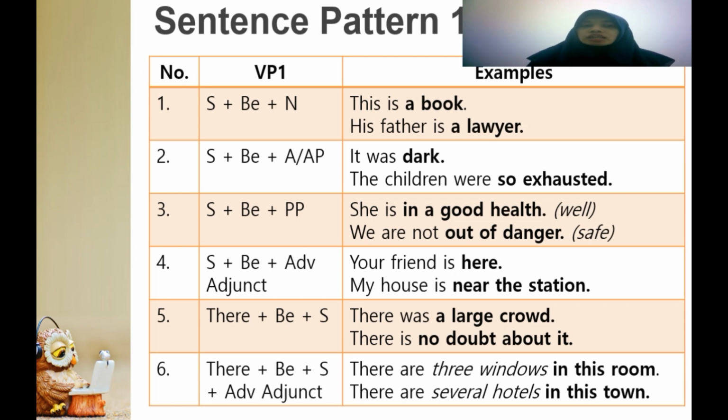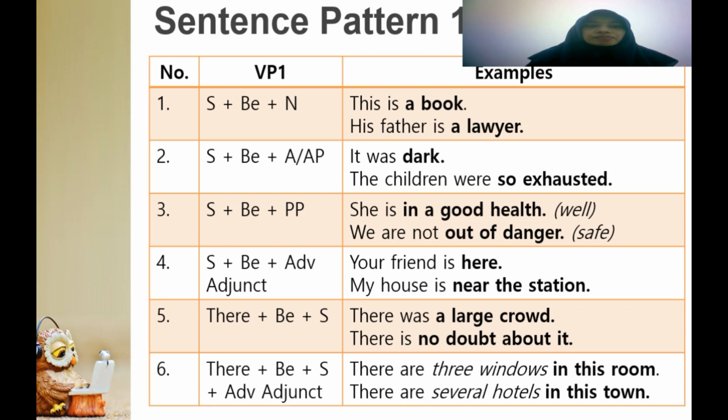So what is the difference between rule number 3 and number 4? The difference is actually in rule number 3, the prepositional phrase has the equivalent word in adjective or adverb, but in the example for rule number 4, the prepositional phrase functioning as the adverbial adjunct here is purely an adverbial adjunct showing the location, or the adverb of place.